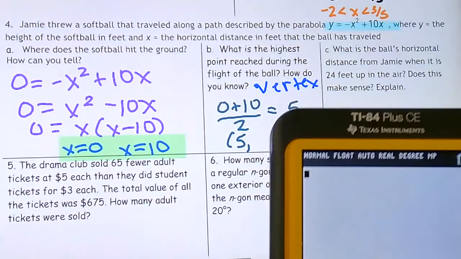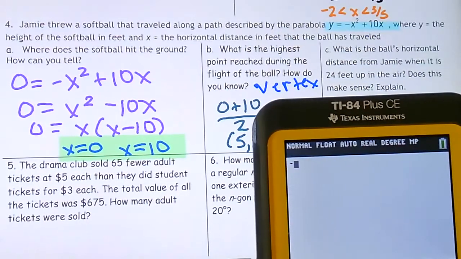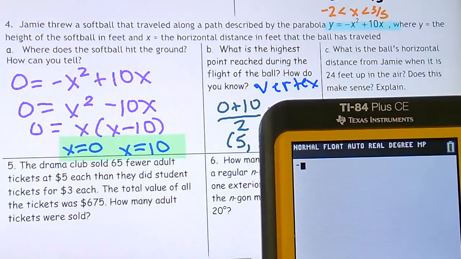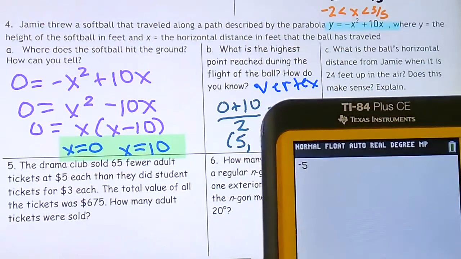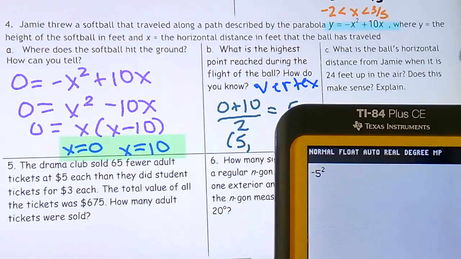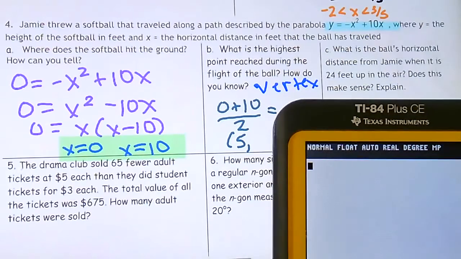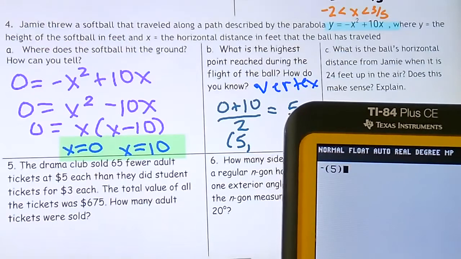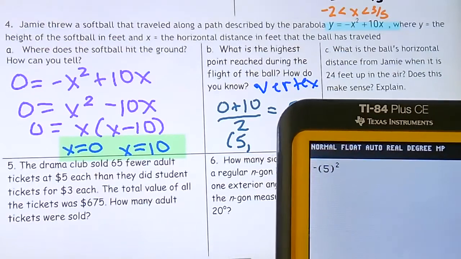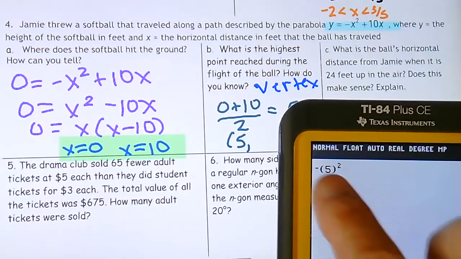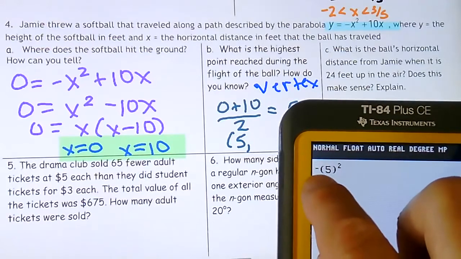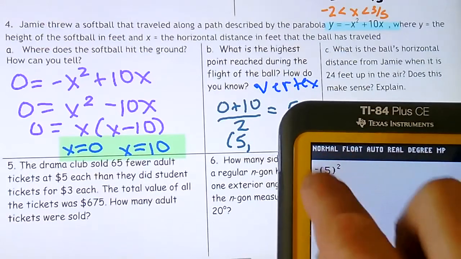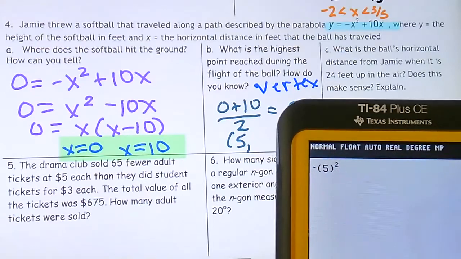So I'm going to have a negative, and then it is my 5 being squared. And I don't want parentheses around here because what I'm really doing is taking a negative times 5 squared. So my 5 is not being multiplied by this. My answer should be negative here. Okay, I should be getting a negative 25.